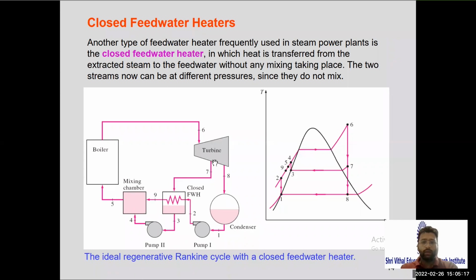Let us say y amount of steam is extracted here. So it will be H7 minus H6 plus (1 minus y)(H8 minus H7). This will be the turbine work. Pump work will be pump work 1 plus pump work 2.